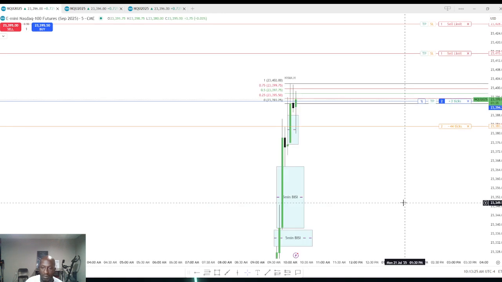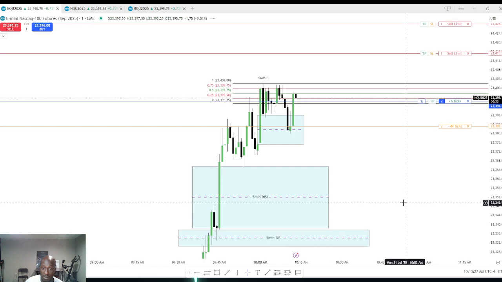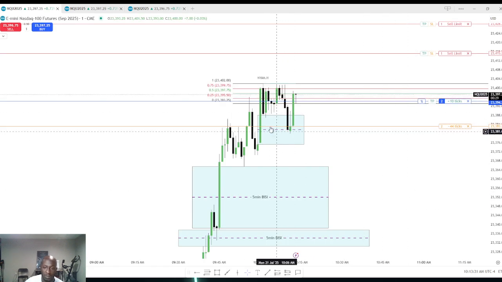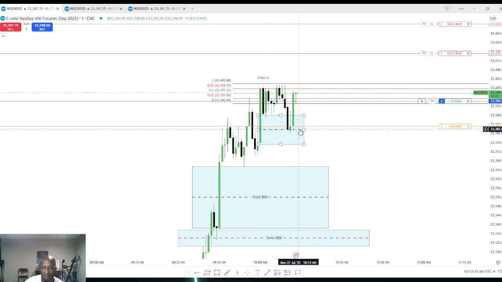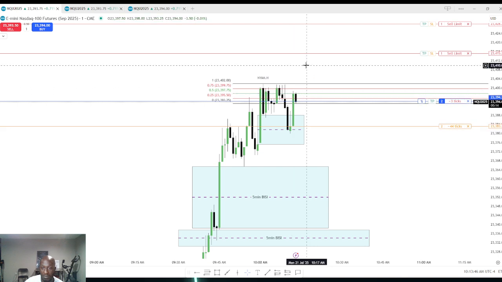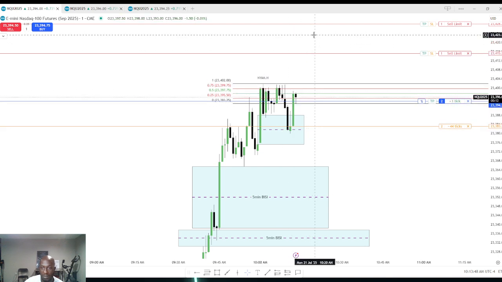Ideally, since we're going long, I want to see it close above that 50. Since we never retested to this 5-minute, we never closed. We got to close below, but immediately reopened up above it. So I want to see it get above this 50 and start working up into here.